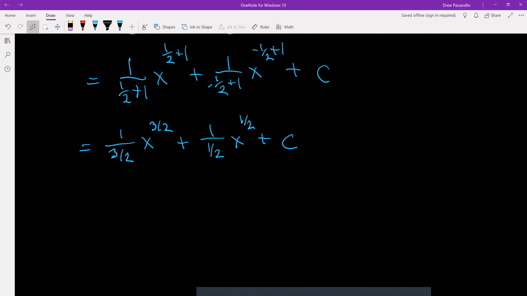So take the reciprocals, so that becomes 2/3 x to the 3/2. The reciprocal of 1/2 is 2, so it'll be plus 2x to the 1/2, and then plus c. And I'm fine with this as an answer.